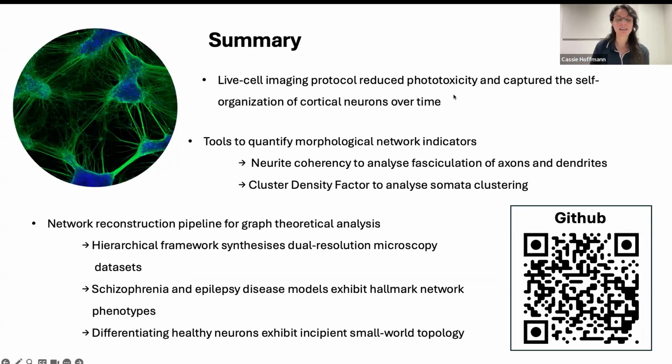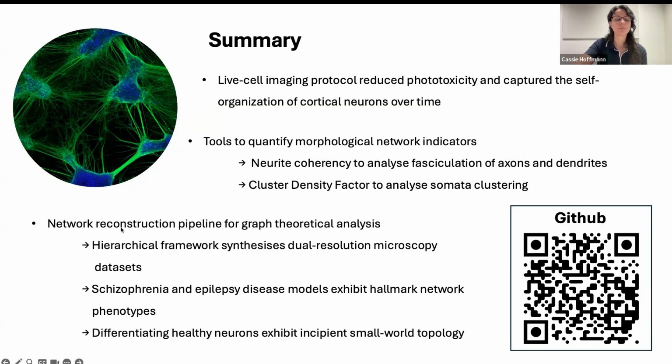To summarize, I developed a live cell imaging protocol to track neuron self-organization over time, and I did that by reducing phototoxicity in the network. We developed some tools to quantify overall morphological network indicators, and if you're interested, most of these tools are on my GitHub page here. Those tools encompassed quantifying the amount of neurite fasciculation on top of the degree of somata clustering.